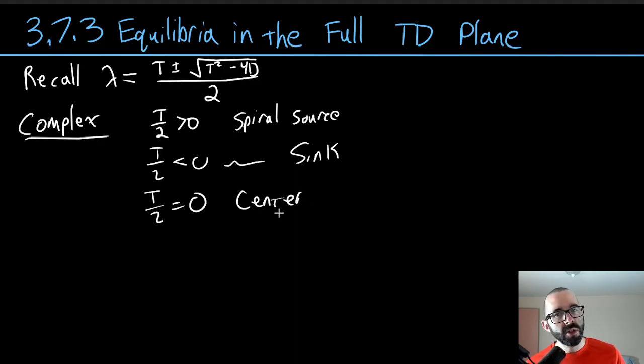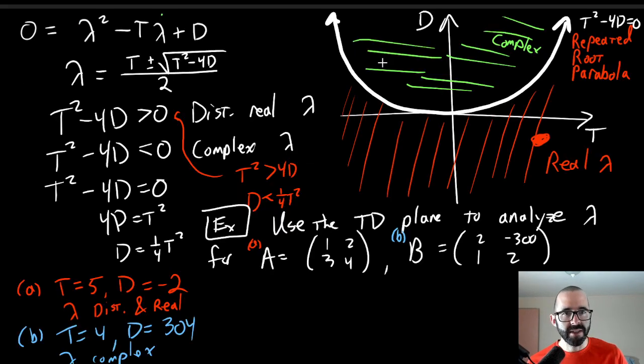So what we're going to do is put this on our plot. And of course, t over 2 being all of these things, multiply everything by 2, the right-hand side's still 0. So we can subdivide this green area into 3 cases.